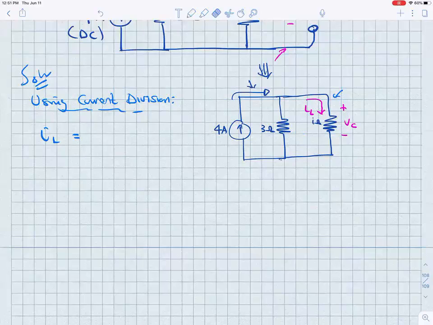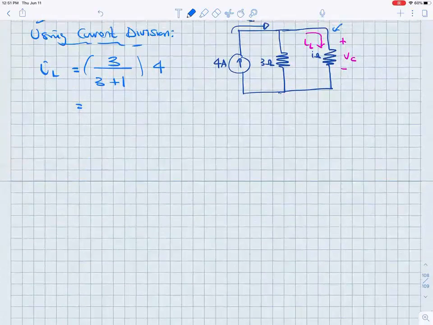Don't forget that. So IL is going to be equal to 3 over 3 plus 1, multiplied by the current, which is 4. When you do that, you get 3 over 4 times 4, which is 3 amps.